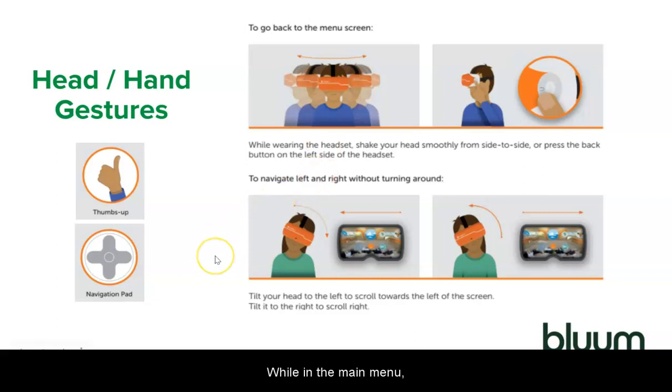While in the main menu or in an experience, you can pan left and right without turning around by utilizing a head tilt. A simple head tilt of your ear to your shoulder will rotate you in that direction.